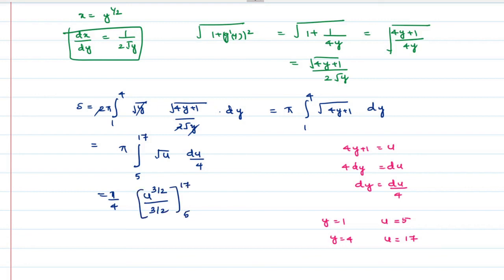Cancelling out, we will get pi by 6. 17 raised to 3 by 2, that is the upper limit, minus the lower limit, 5 raised to 3 by 2. If you substitute this, you will get the answer as 30.85. I hope you understand. Thank you for listening.